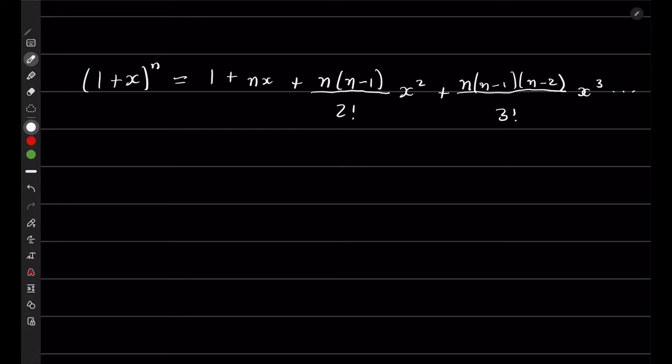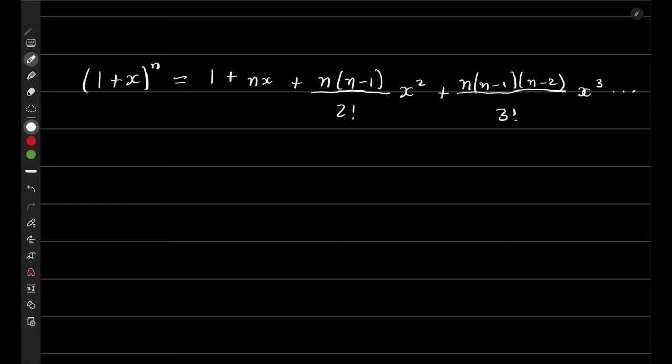Normally for powers of 1 or 2 or 3, these are probably the terms you will only care about, because when you're dealing with a power 3, you're going to have 3 minus 3, which will give you 0.